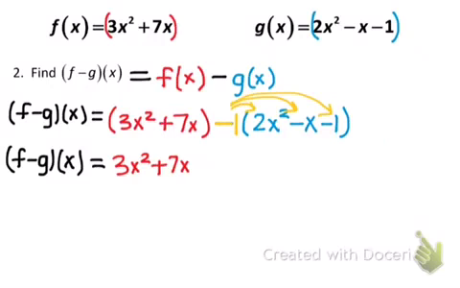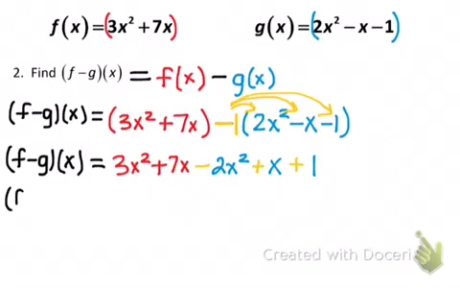So negative 1 times 2x² will be negative 2x². Negative 1 times negative x will be positive x, and negative 1 times negative 1 is positive 1. Notice that from the original g(x) function, where we had a positive 2x², it's now negative. We had a negative x, it's now positive, and a negative 1 over here is now positive 1.